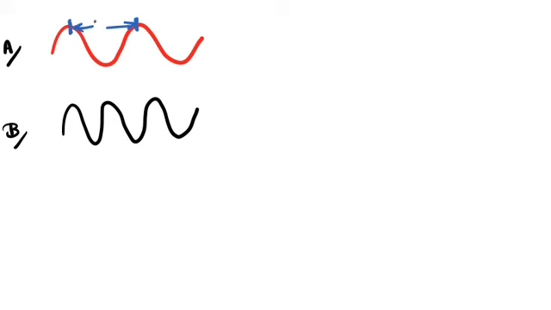And here, I have this one. As you see, here we have a longer wavelength, and here we have a shorter wavelength. Just comparing these two, you can easily see it. The first wave pattern has a longer wavelength, and the second one has a shorter wavelength.